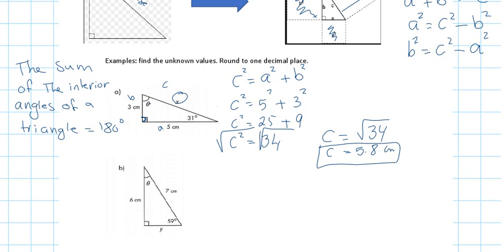Now I found my side C. The other question is they want you to find the angle, which is this angle here. This letter is called theta. It's a Greek letter. Usually they use Greek letters to indicate angles. You can call it whatever you like: X, Y, or Z. It doesn't matter what you call it.